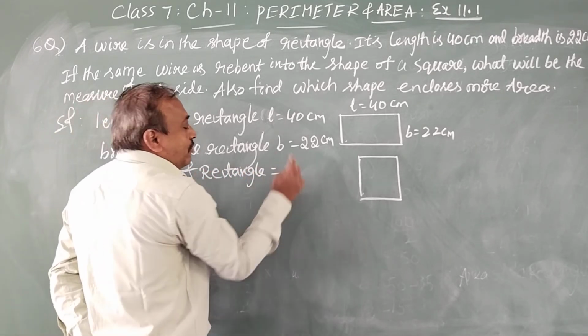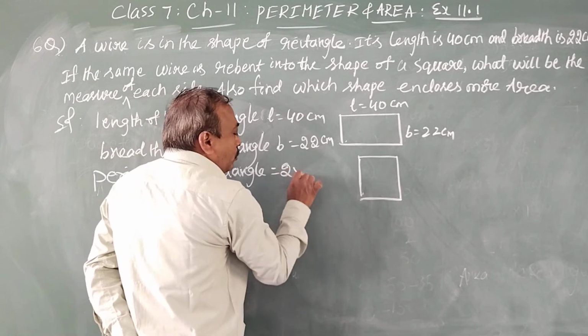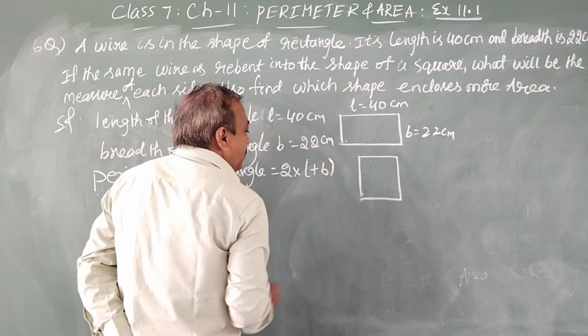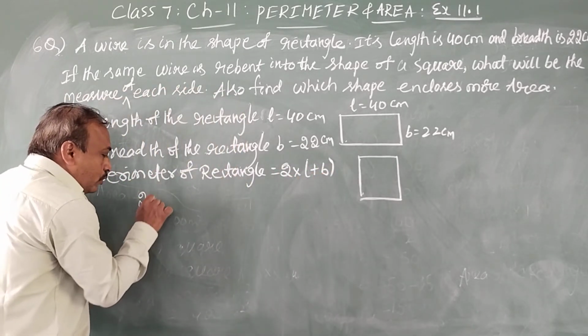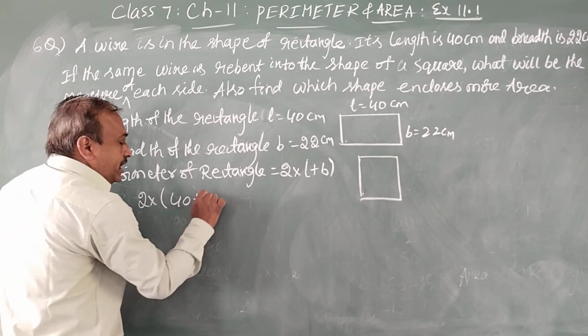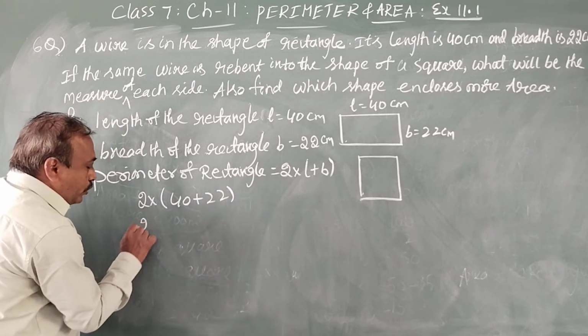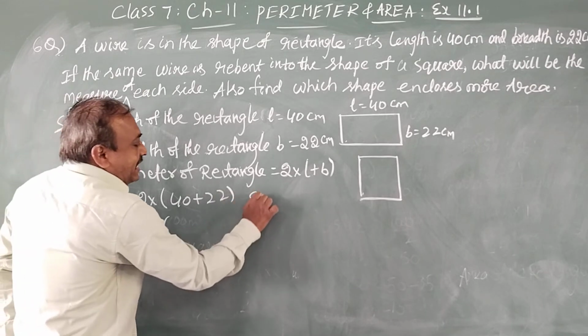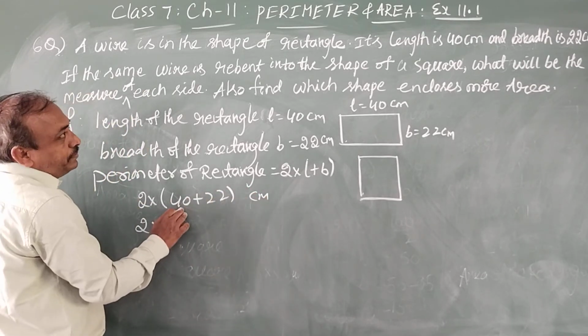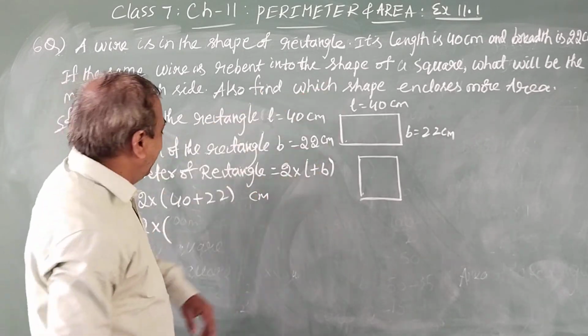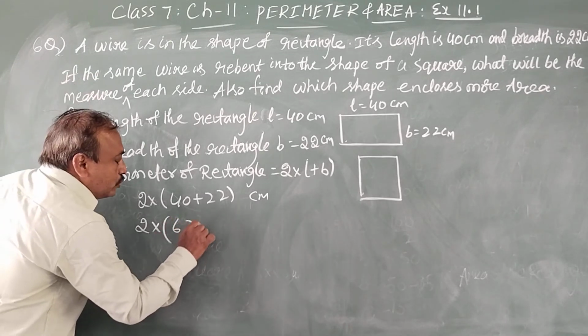Perimeter of rectangle is equal to 2 into (L plus B) units. So 2 into (40 plus 22) centimeters. 40 plus 22, so this is 62 centimeter.